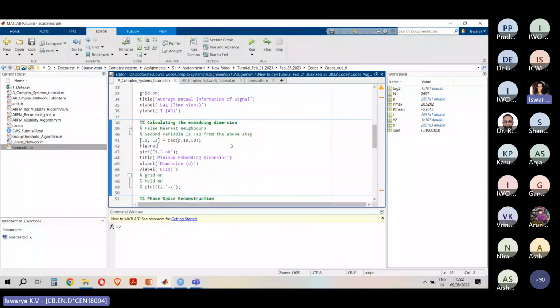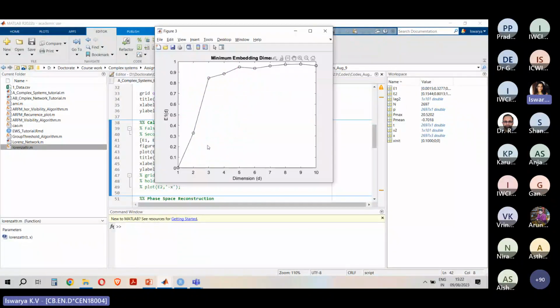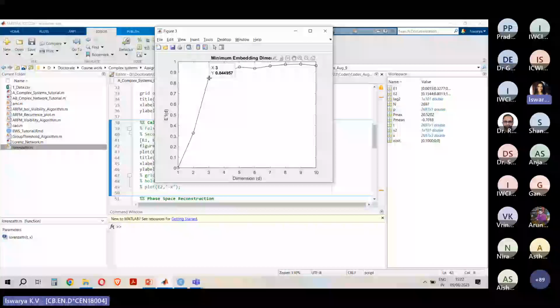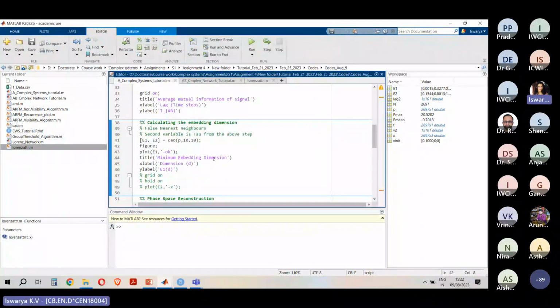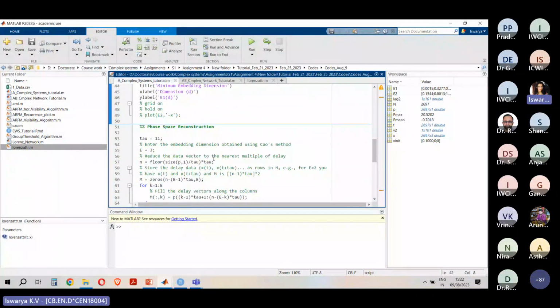Similarly, for the minimum embedding dimension, we are calculating up to 10. Let us check whether up to 10 dimensions we are able to get a value. So we see that at 3, because it's a known system, we know that the Lorentz system is a 3-dimensional system. After 3, we see that there isn't much variation, which leads us to conclude that the system must be 3-dimensional. So getting these two values, we input them over here.